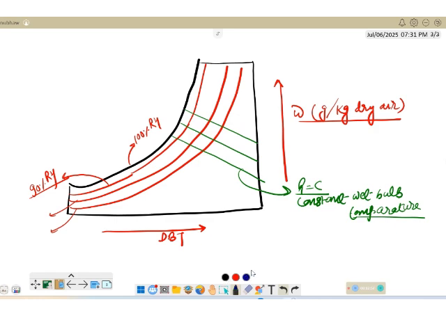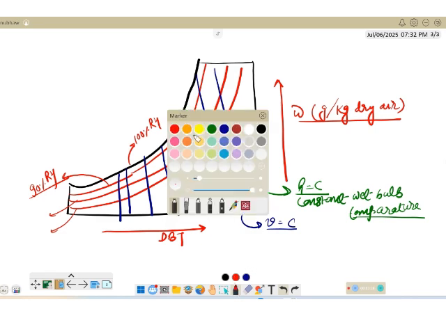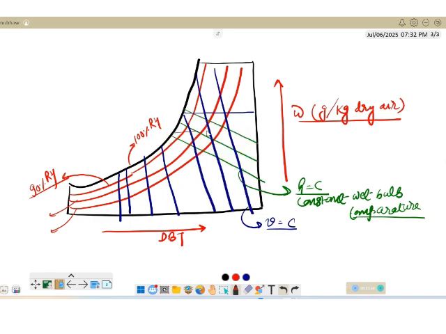Now next is the constant volume line. So these lines are basically much steeper as compared to constant enthalpy lines. So these are the specific volume constant lines. Now next comes the constant dew point temperature lines.